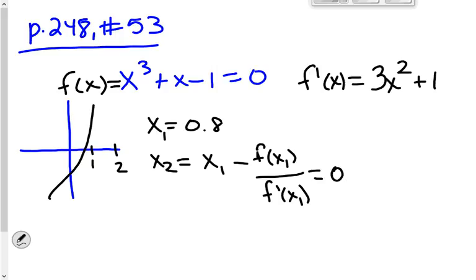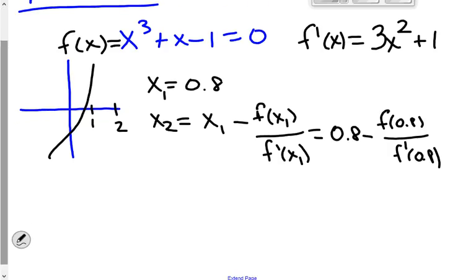So that's going to give me 0.8 minus f of 0.8 over f prime of 0.8, which you could do with your handy-dandy four-function calculator. So what's x2 going to be?